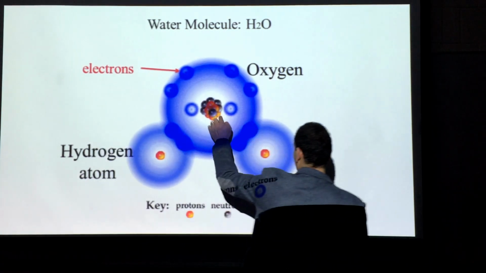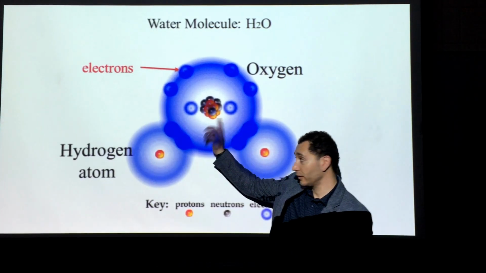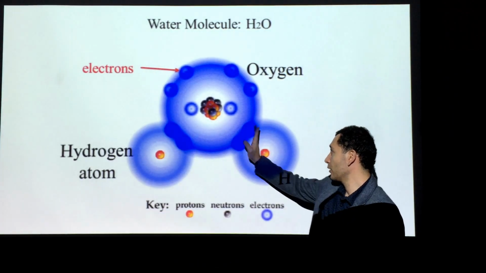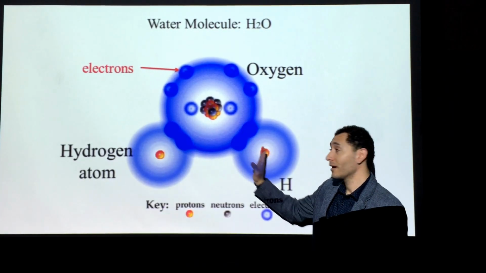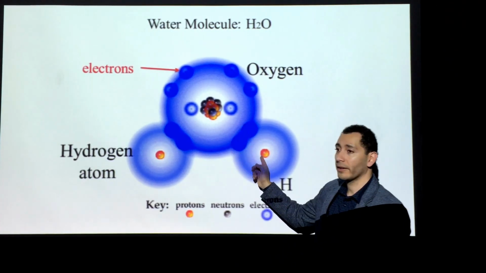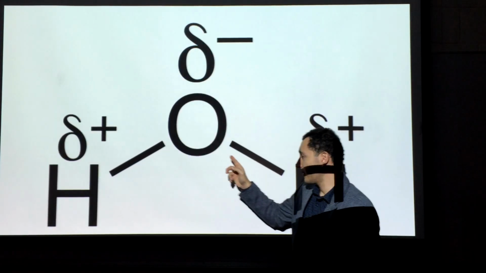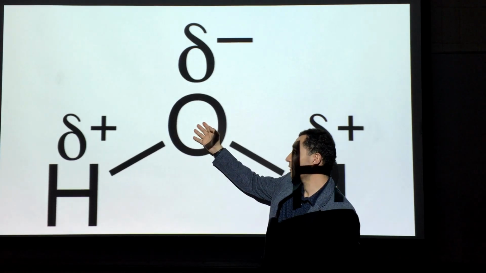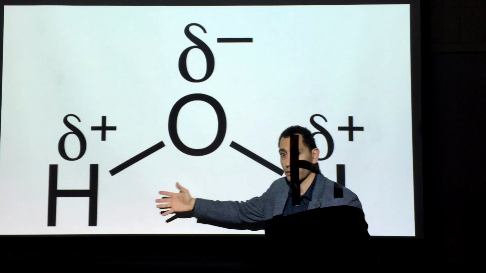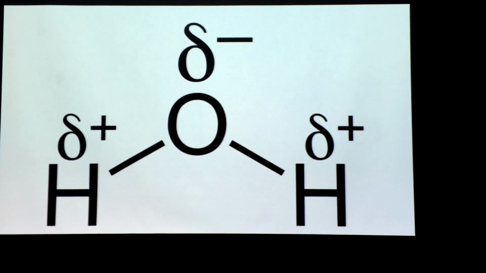And if this guy is going to pull these 2 electrons closer, just ever so slightly, to this oxygen, this atom here will automatically become slightly positive because these electrons are moving just ever so slightly away from this atom, making this atom positive, and this atom slightly negative. A partial negative and a partial positive. Does that make sense?